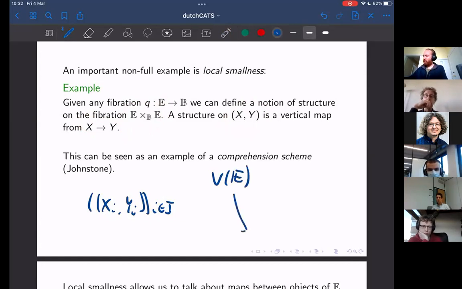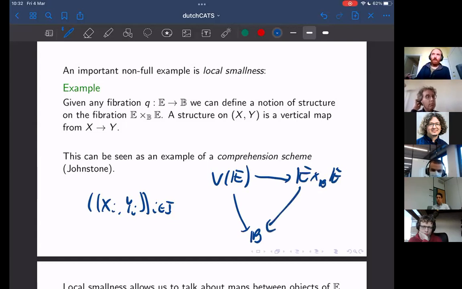So this is the fibration over B, and then we have a map from VE to E times E over B, and the elements of this are the vertical maps in E. Those are the objects, with morphisms being commutative squares, and given a vertical map, we can just look at its domain and codomain to get a fibered functor into E times E. And this is an example of something more general that Peter Johnstone called a comprehension scheme.